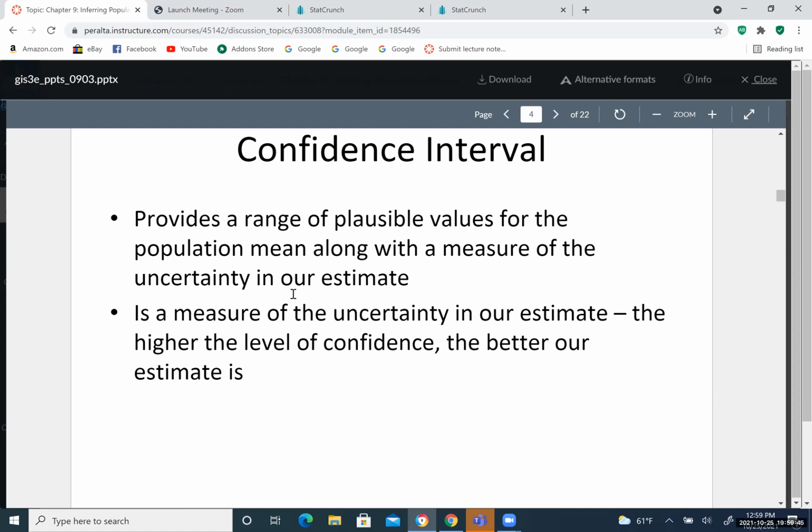A confidence interval provides a range of plausible values for the population mean, along with a measure of the uncertainty in our estimates. The higher the confidence level, the better your estimate is.